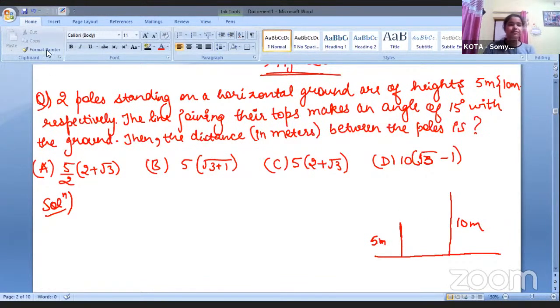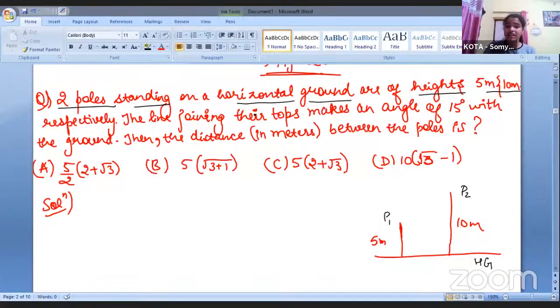All right. Now, two poles standing on a horizontal ground are of heights 5 and 10. We have made that. Horizontal ground is ready. Two poles are ready. Pole 1, pole 2. Moving ahead. The line joining their tops.